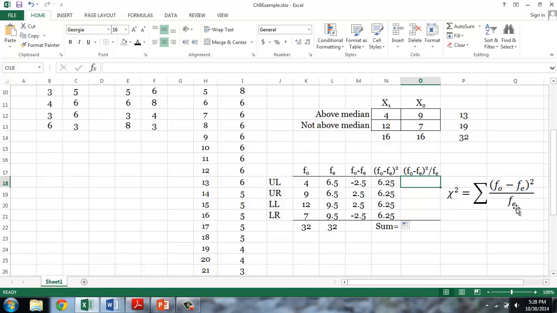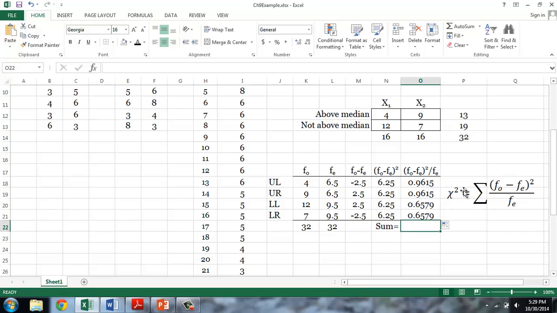Finally, to complete this term, we divide each squared deviation by its expected frequency. So I type equals squared deviation for the row divided by its expected frequency. And then I can copy that to the rest of the cells.